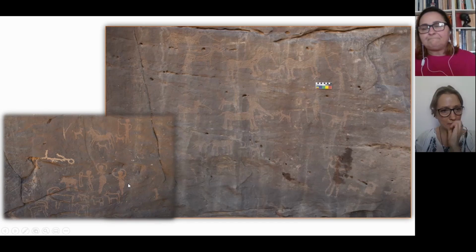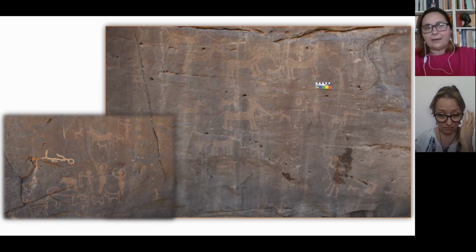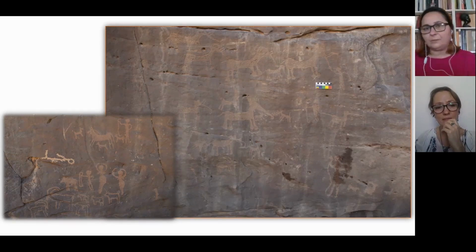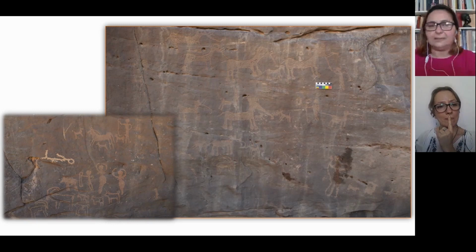These are female dancers or prayers, so they are praying, no? But they could also be evidence of female dancing. Ritual dancing would have been in a highly symbolic and ritual context, so not just everyday activities.